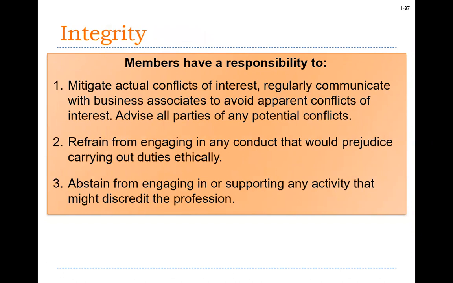Now, in terms of integrity, integrity is essentially doing the right thing when no one is watching. So you want to ensure that you don't have conflicts of interest. You want to be able to carry out your duties at the highest ethical level at all times. And you also want to abstain from any acts that discredit the profession. So any felony acts. And you may be thinking, well, why would I commit a felony?